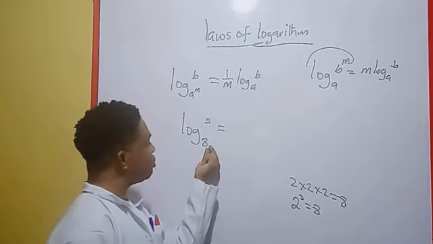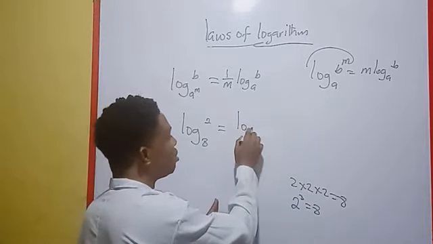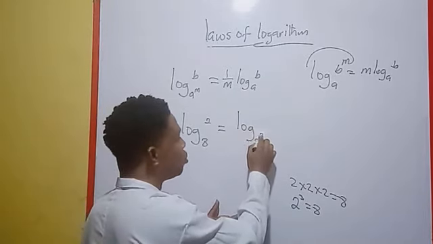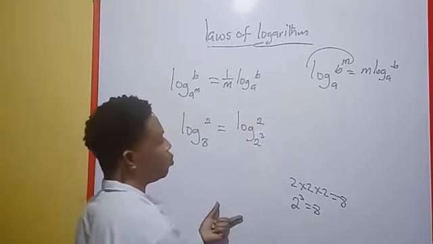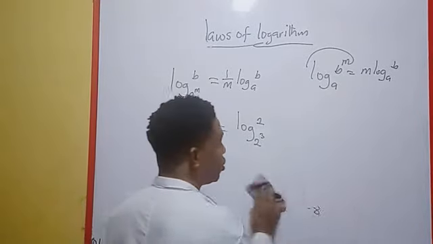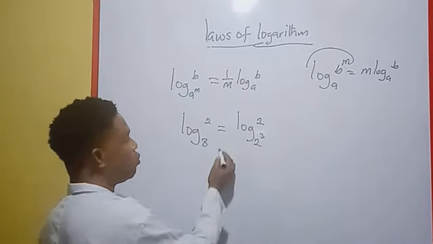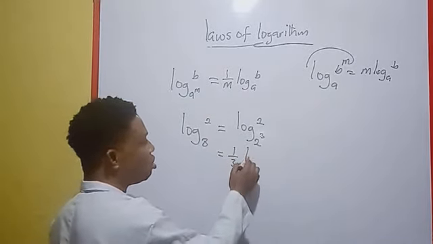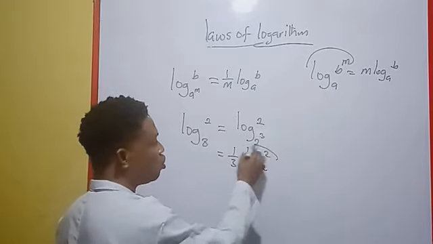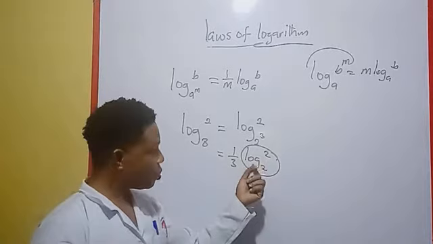So I can remove this 8 and put 2 raised to power 3 there. Okay, so my next line of action will be 2 raised to power 3, 2. Now the next thing I will do is to apply the law because the base is raised to power. So if the base is raised to power, there will be 1 over 3 log 2 to 2. This is 1 already because it is logarithm to its own base.